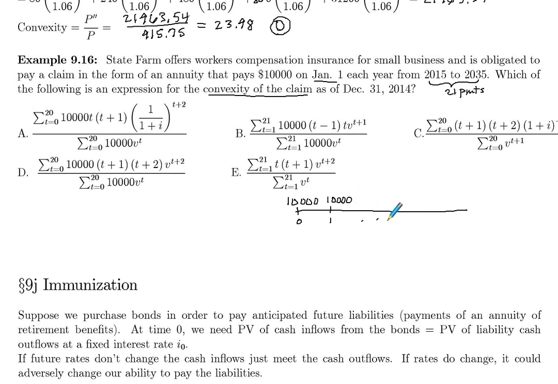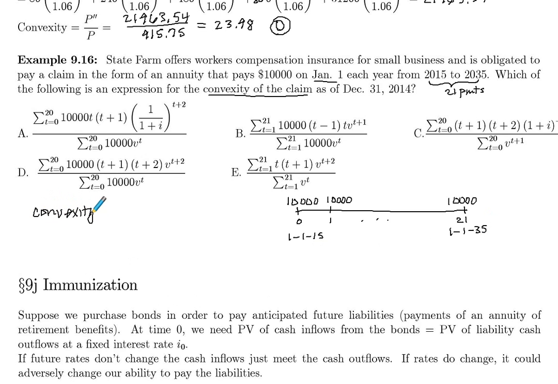And then we keep on going, and then 21 payments. That means that that last one here is going to happen at time 21, and time 0 is going to correspond to 1/1 of 15, and then time 21 is going to correspond to time 1/1/35. 21 years later.